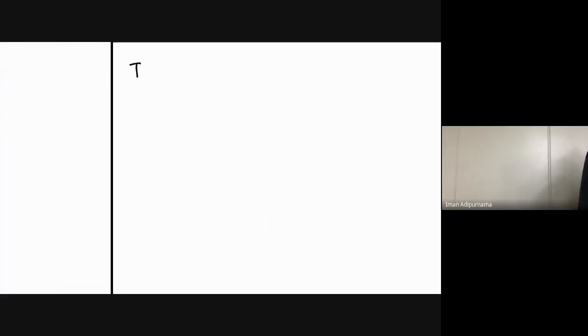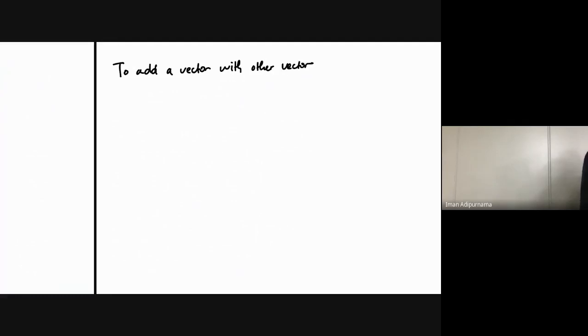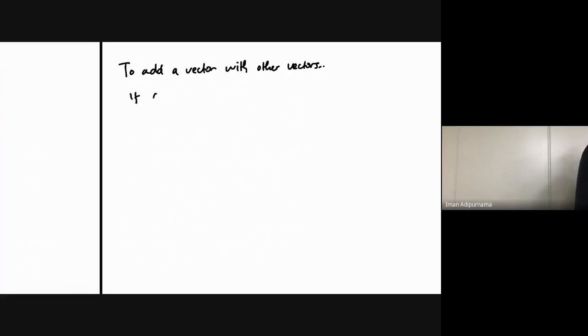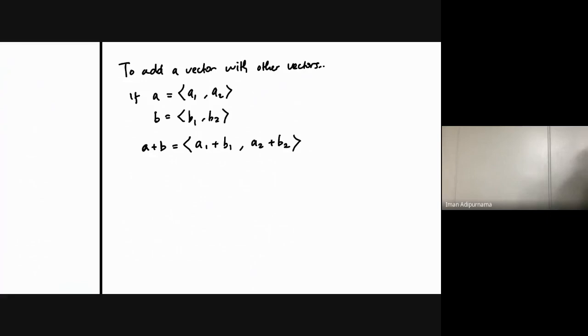To add a vector with other vectors, for example, if A is (A1, A2) and B is (B1, B2), if you want to add A plus B, then you add each component, for x and for y. The same happens for subtraction.